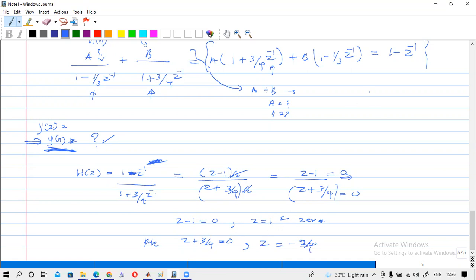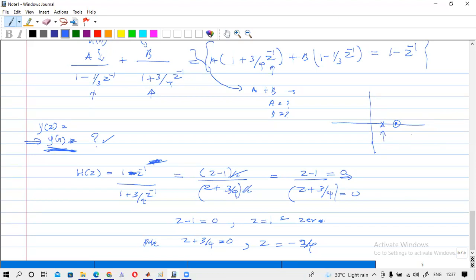If I plot it, at Z equal 1 you have a zero, so here you have a zero. And at Z equal minus 3 by 4, in this area, you will have 1 pole.